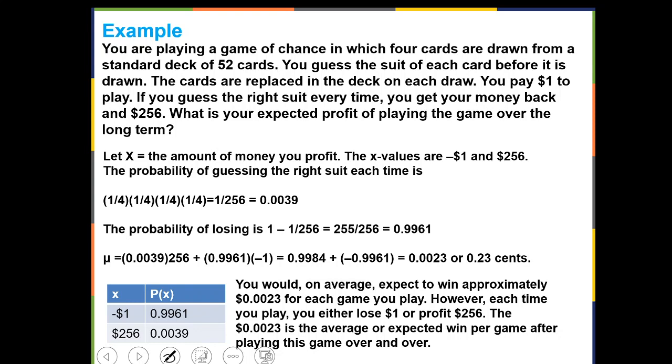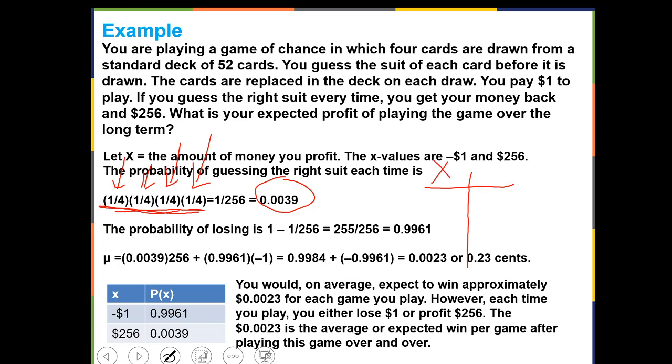Okay, so that means the chance that you win is basically the probability that you guess it first time correctly, and second one, and the third one, and the fourth time you do it. So the probability of that happening is this. Now, so what can you lose?